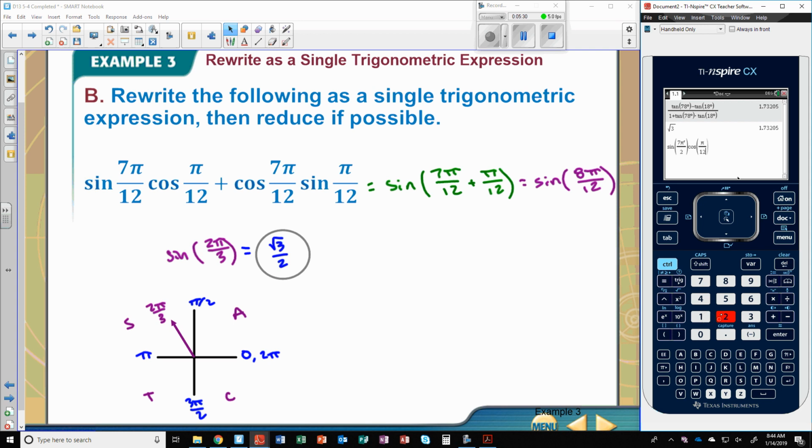I just want to keep track of putting in the R's or the degree symbol. So this one needs an R, and I'll continue on. Okay, I've typed it all in, so I'm going to press enter. That's my value. I'm going to hope that this is the same thing as square root of 3 over 2. And it is, so we've done it correctly.